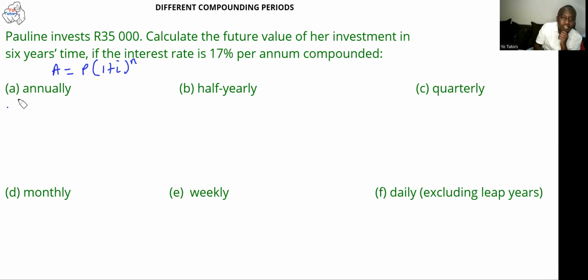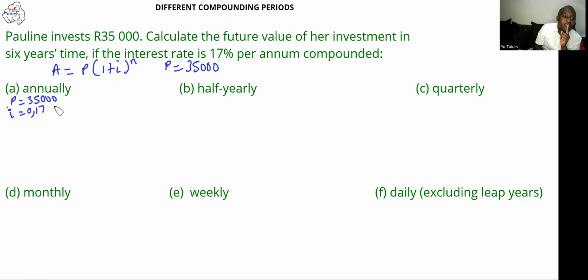For example, in the first one, our P is 35,000. So our P does not change here. It's just 35,000. We don't need to repeat it again. Our i in this case is just 17%. So 17 over 100 is 0.17.